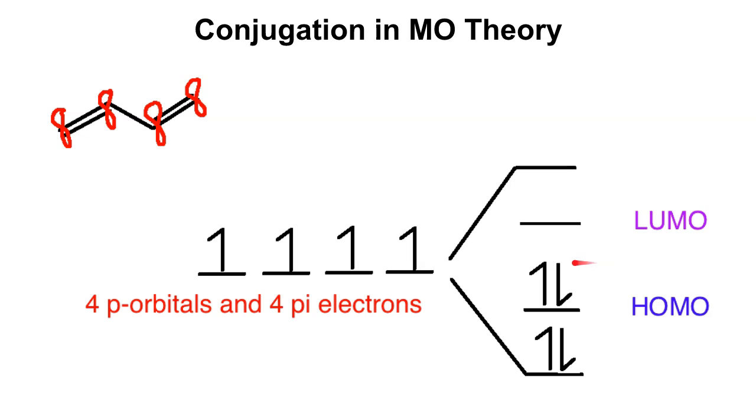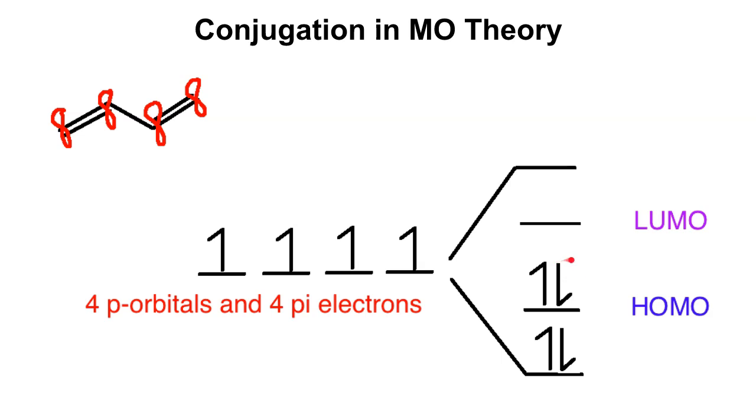You can almost draw a line right in between here that separates them in terms of energy. So when we have this, we have 4 pi electrons, they are going to fill up the bonding orbitals. And that is because those are lower in energy, and just like when we do the Aufbau principle and Hund's rule, we always want to pair them up and go from the lowest energy to the highest energy.